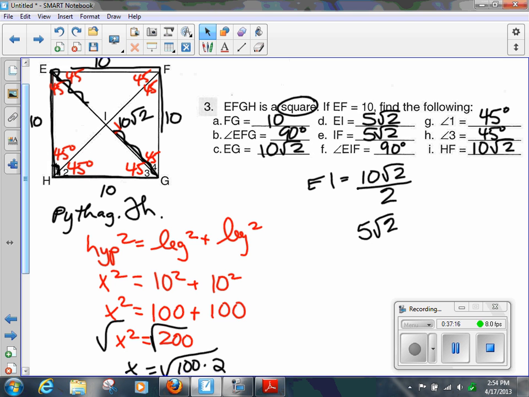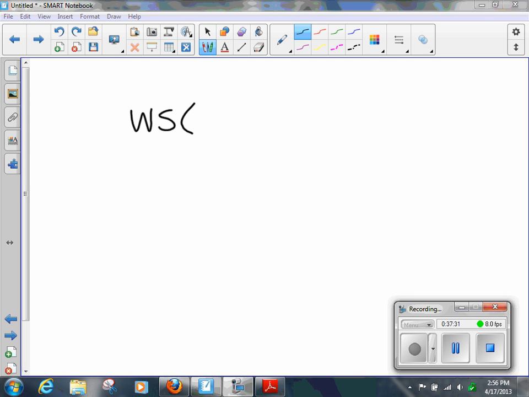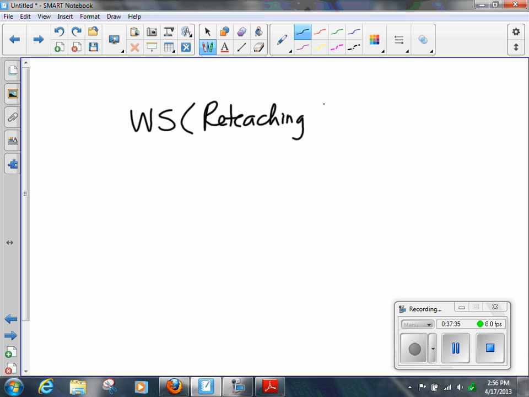Questions at all? This is going in your notes for today. Today is the 17th. Take the worksheet side that says reteaching. This page, the first side according to the holes on the left.